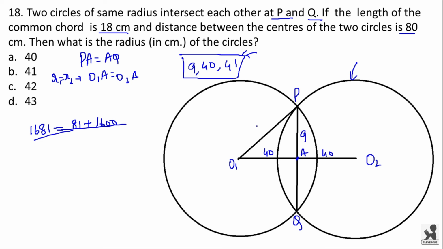We have calculated the radius as 41 centimeters. What we have done is just taken the half values, that is PA is half of PQ and O1A is half of O1O2, and like that we have calculated the radius. Option B is the right answer.